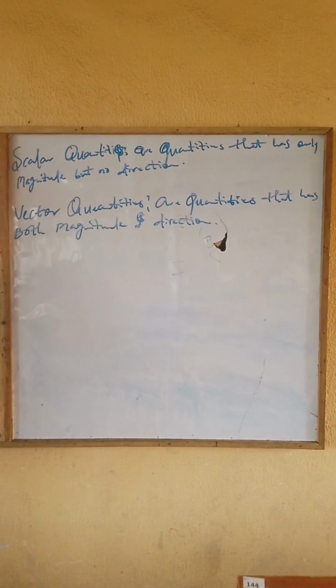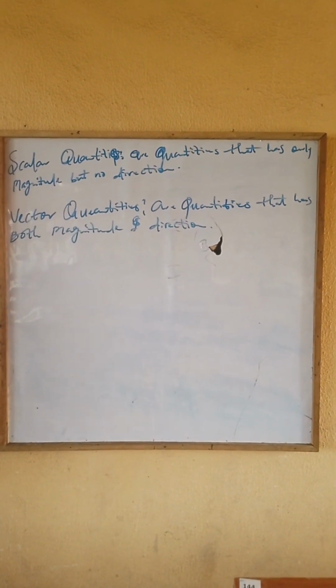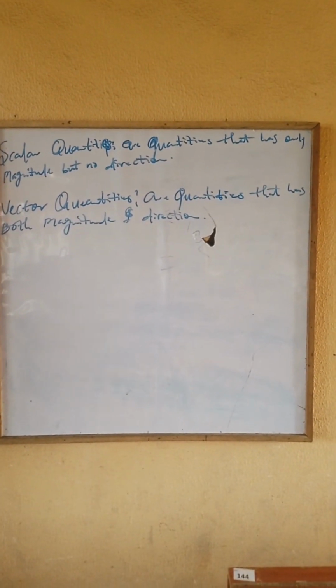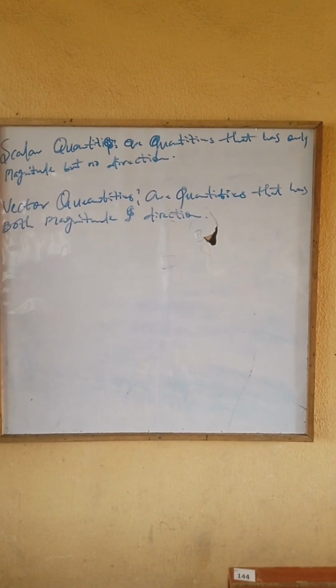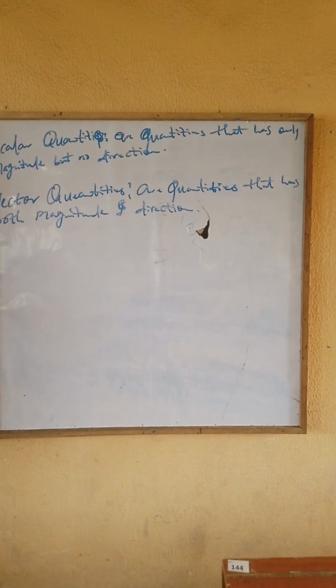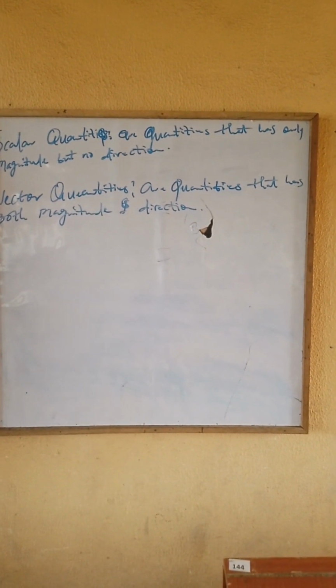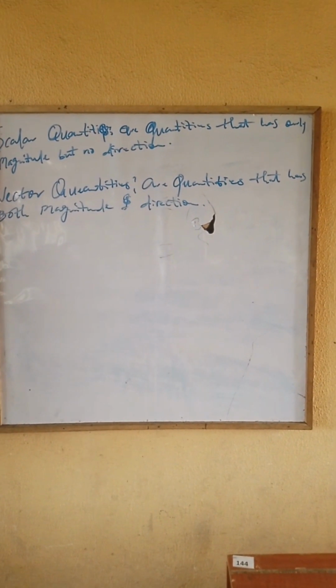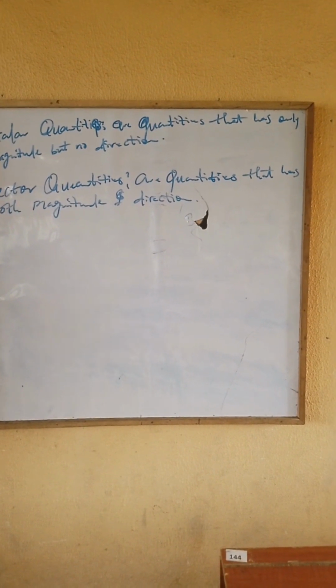One of the differences is that speed is the rate of change of distance to time, and speed is a scalar quantity. While velocity is the rate of change of displacement to time taken, and it's a vector quantity.